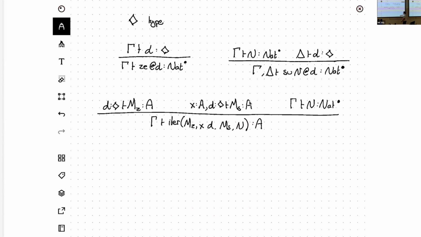So if we compare this to the previous one, we've added these D variables to the zero and successor cases. So we're given diamonds as we iterate through the data type.